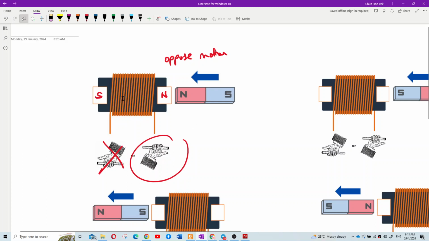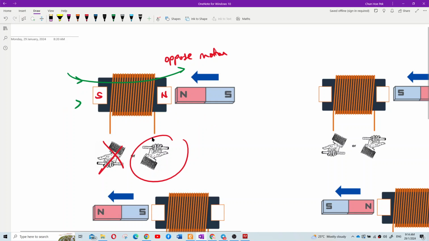So what happened is the magnetic field. So what is the direction of current? Look at the direction of current. So we have North Pole. That means here it has an induced magnetic field in this direction. Okay, north. Here is a south. Okay. So what is the direction of induced current? Tengok dia punya finger tu.